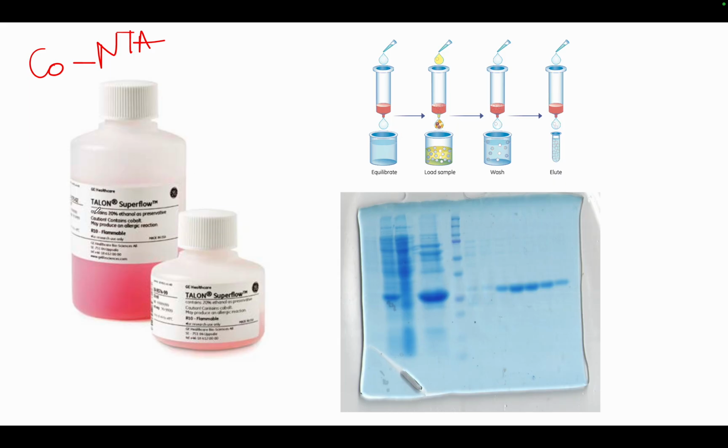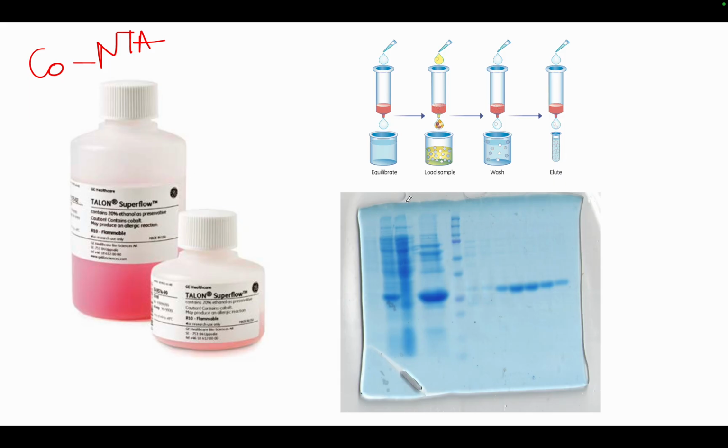Like we mentioned, this will have a much higher specificity than the nickel NTA resin, so we should get a cleaner protein. The process will remain the same: we have to equilibrate it, load the sample, wash it, and then elute. This is a common protocol for all affinity chromatography, but this is just something with slightly higher specificity.